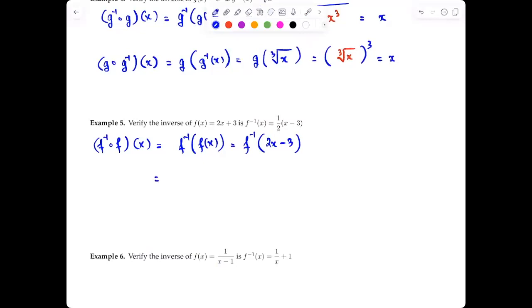What you do is you take out the x and replace it with 2x plus 3, then minus 3. Sorry, f of x is 2x plus 3.